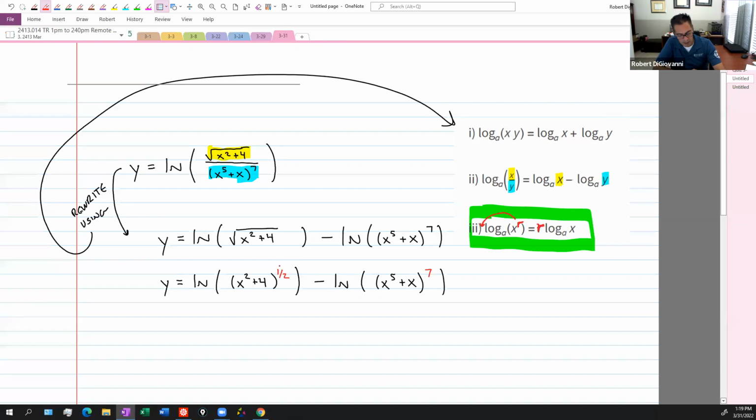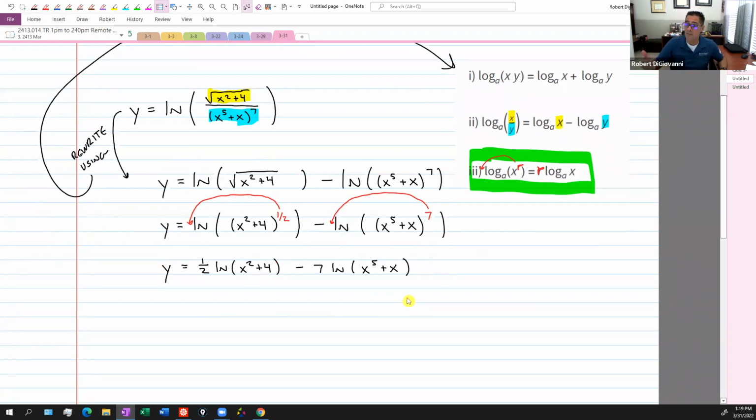That means I can take this 1/2 and bring it out here, and take that 7 and bring it out here, and rewrite the equation of y again. So I'll have 1/2 sitting in front of natural log of x squared plus 4, and then minus 7 natural log of x to the 5th plus x. Questions there?